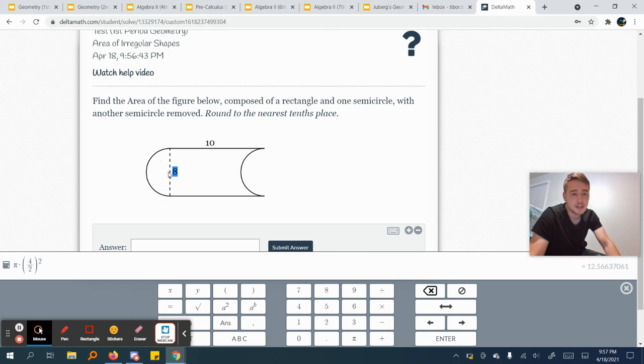Since this one has a diameter of 8 and this one's on the same rectangle, it must also have a diameter of 8. Which means the semicircle that we cut out of this part should be exactly enough to fill the part we put into this part. Meaning it's the same semicircle that's cut out and added.